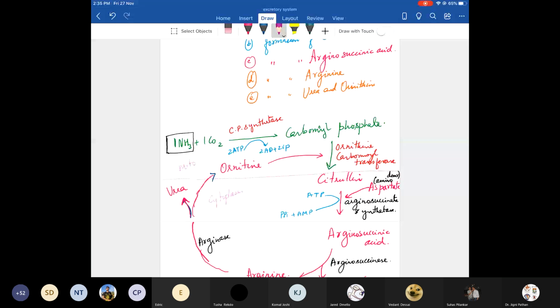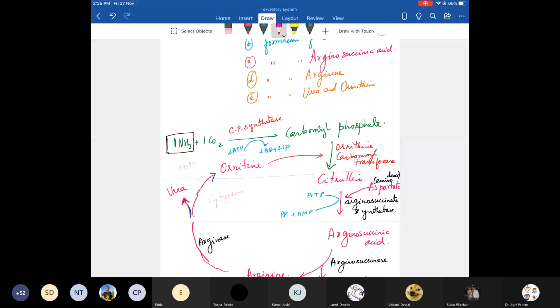Important question. In the presence of argininosuccinate synthetase, citrulline converts into argininosuccinic acid. Argininosuccinic acid breaks down into arginine and fumarate in the presence of the enzyme argininosuccinase. Now this arginine converts into urea and ornithine in the presence of the enzyme arginase.